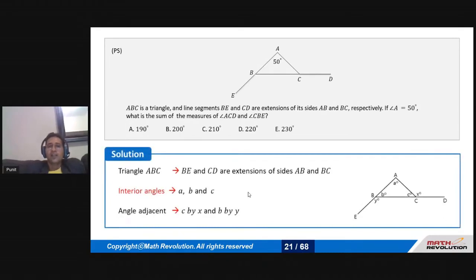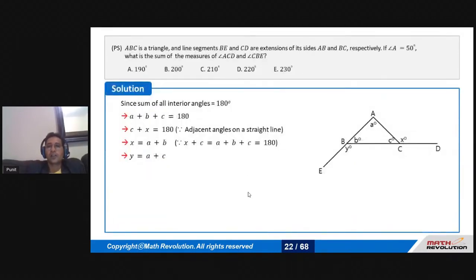If we give a name to some of the angles, this is how the figure looks. We have angles A, B, C inside the triangle, then we have X as ACD and Y degrees as CBE. So the interior angles are A, B, C, and the adjacent angles are C by X and B by Y.